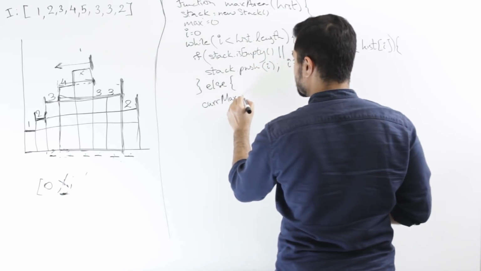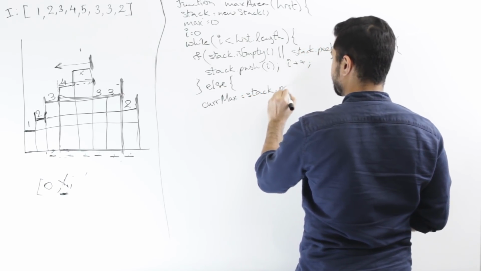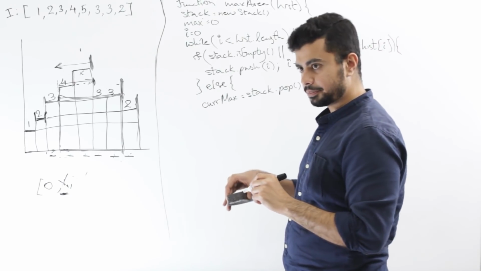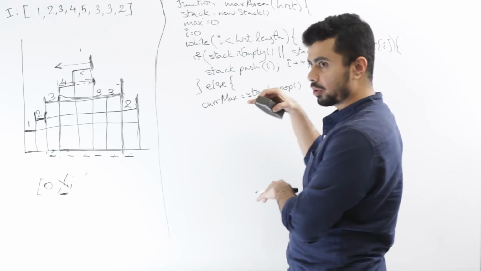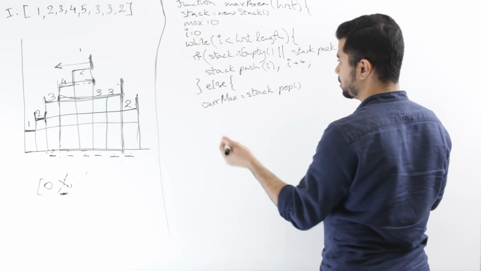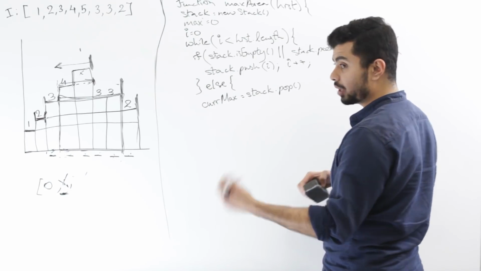Let's say cur max equals stack dot pop. So now I would have popped it. So I know what its value is, right? Or I can get its value from the histogram array. And then what I do is I would need to compute the area.